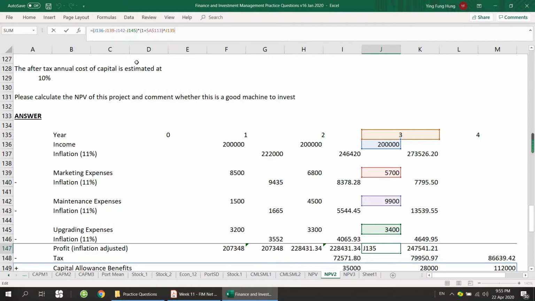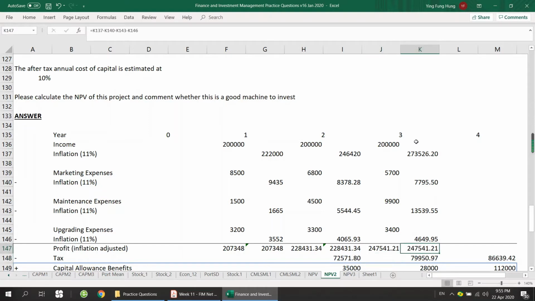And then we have to multiply this by 1 plus the 11% inflation rate, and then raise to 3 because this is the third year. And then if we pop that in the calculator, we should get an answer of 247.54121 thousand.